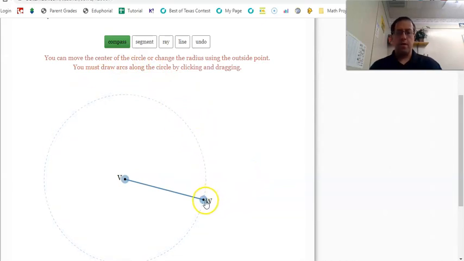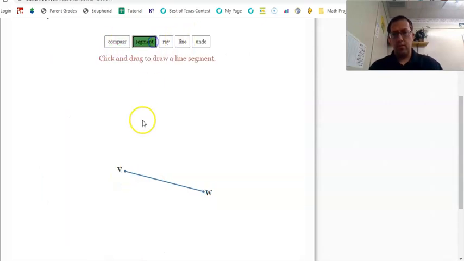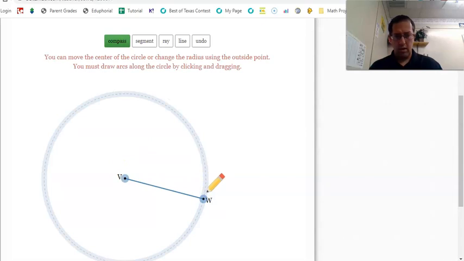Now, instead of drawing that ray to begin with, I'm just going to draw these three things. I'm going to start at V. Hold on, I need to draw my compass again. Okay, so I'm going to draw an arc like this.